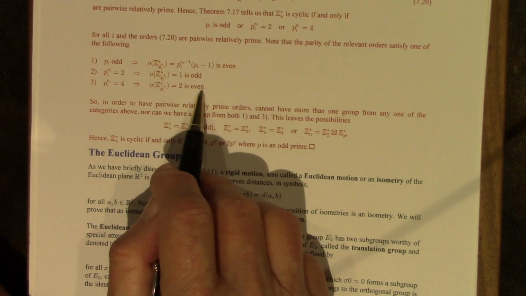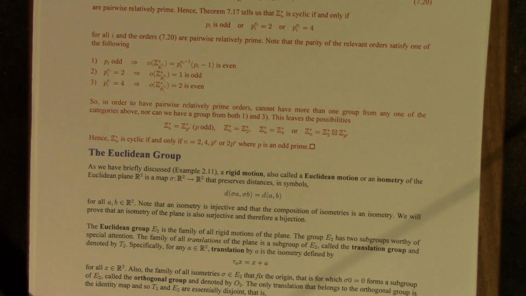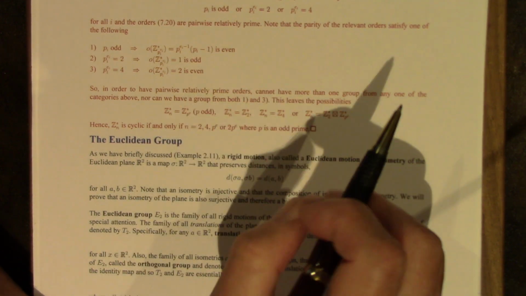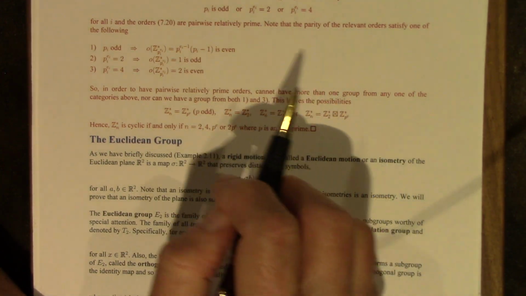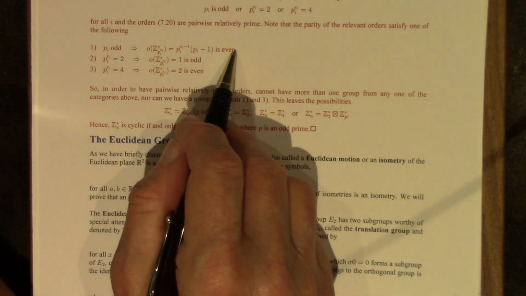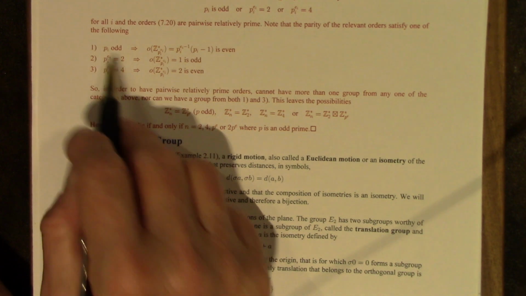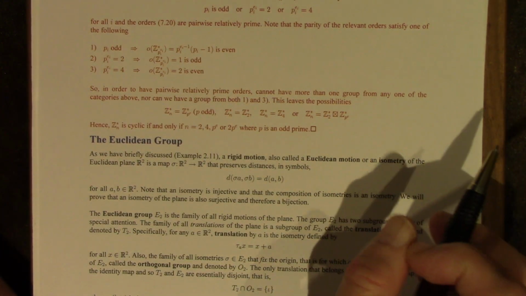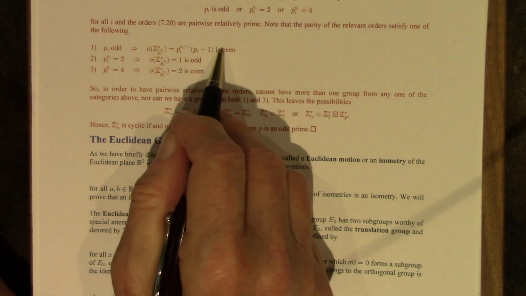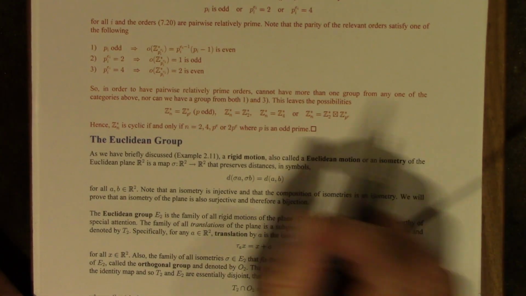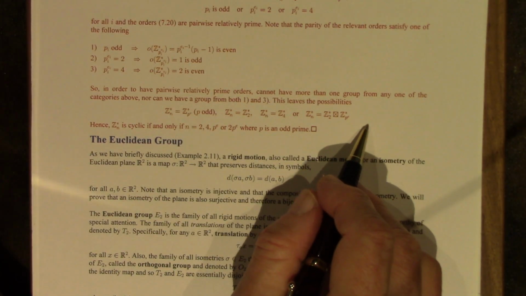So you can have at most one from each of these, but you cannot have one from case 1 and one from case 3, because those are both even. Okay, so at most one from each of these, but not from both 1 and 3 at the same time. And that leaves you with this.